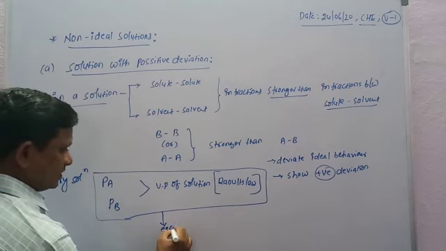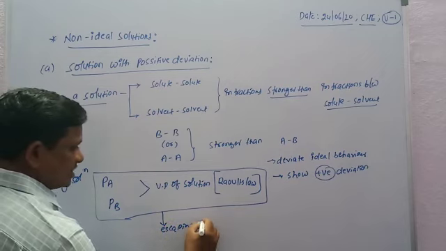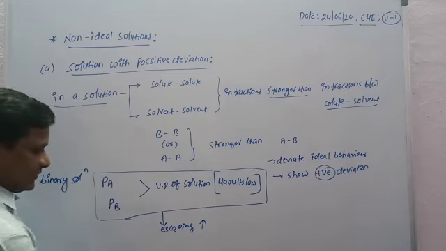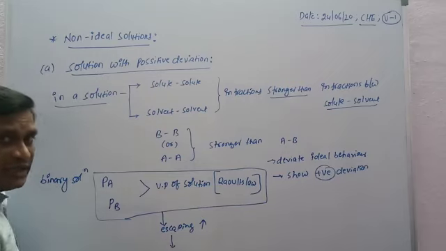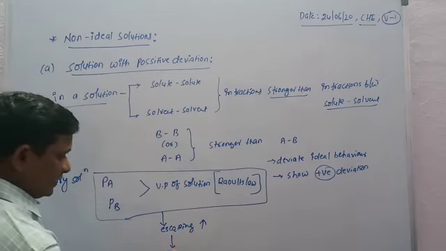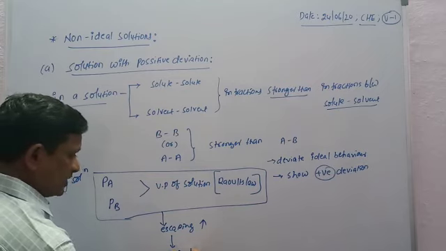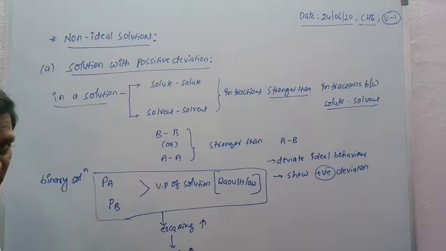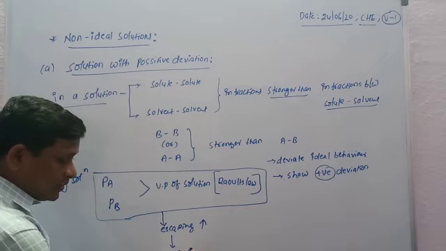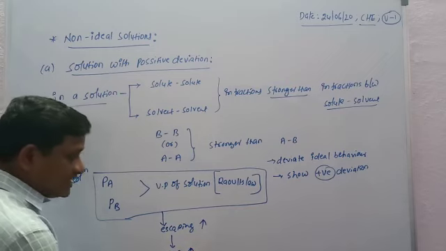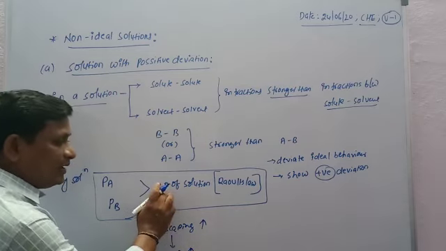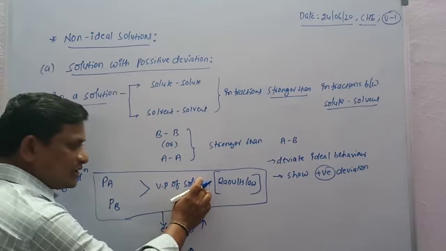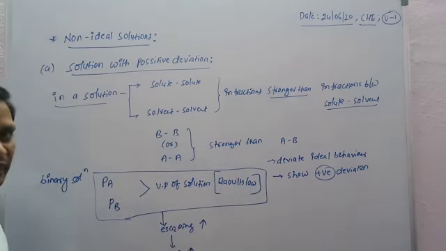So then what happens? Escaping nature increases. If escaping nature increases, vapor pressure increases. If vapor pressure increases, the total vapor pressure of the solution is greater than the vapor pressure determined with respect to Raoult's law.